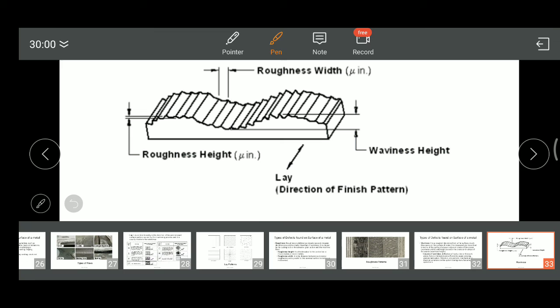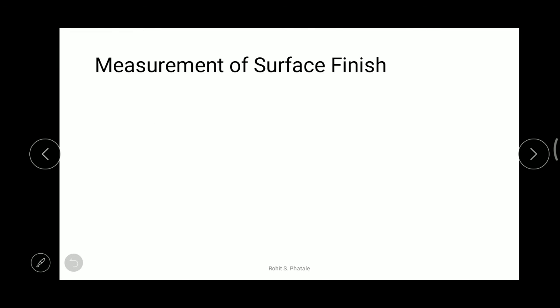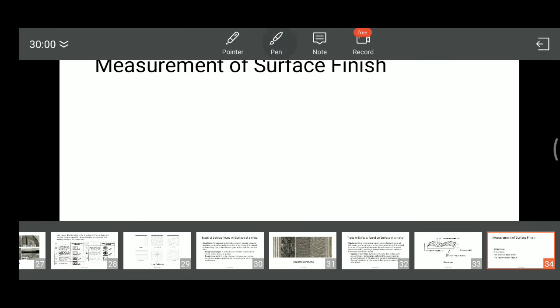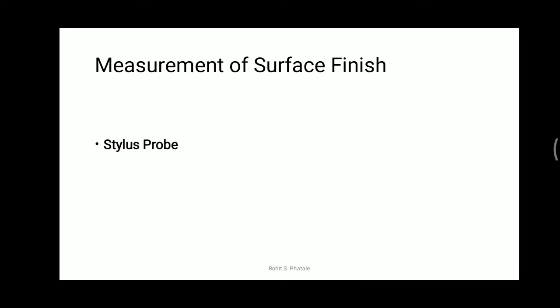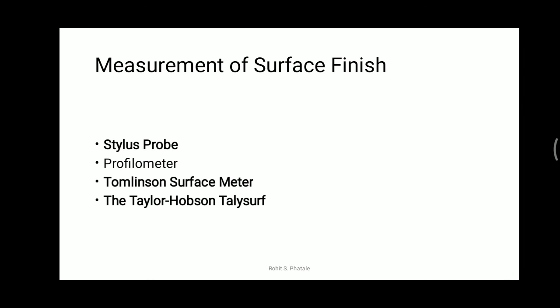Then we will move towards our next slide: how to measure this surface finish. There are three to four types of devices to measure surface finish. The first is the stylus probe, then the profilometer, then Tomlinson's surface meter, and the Taylor-Hobson Talysurf.